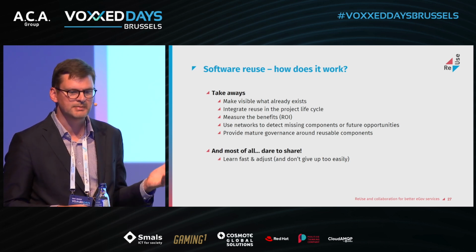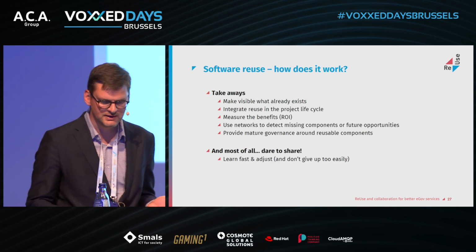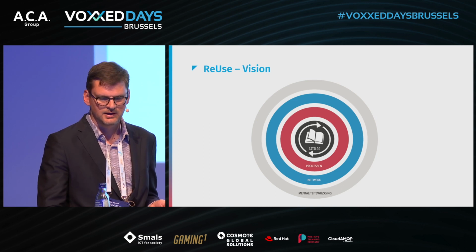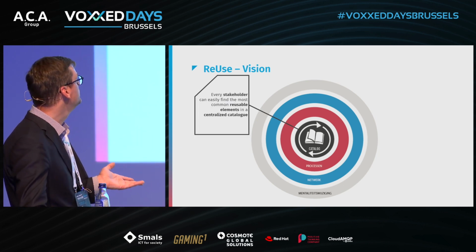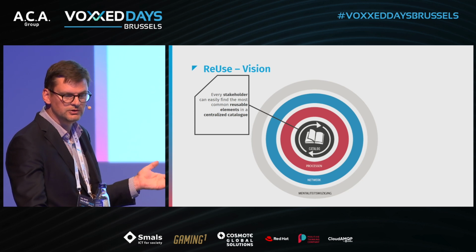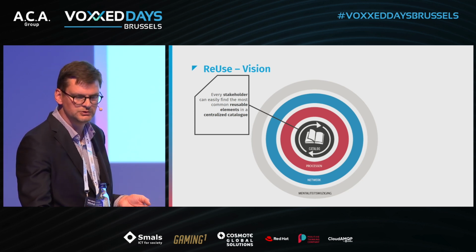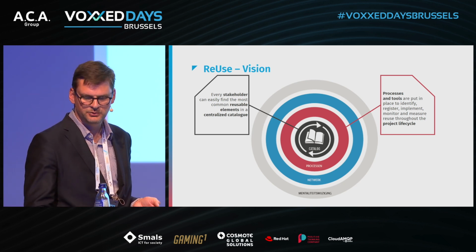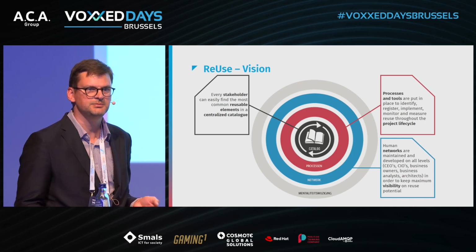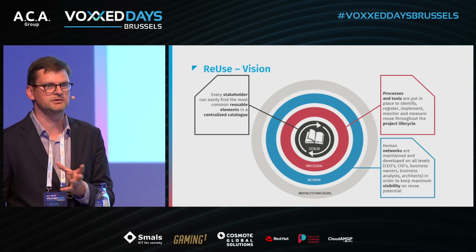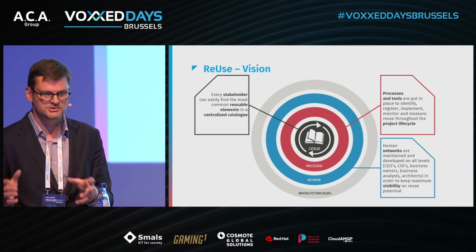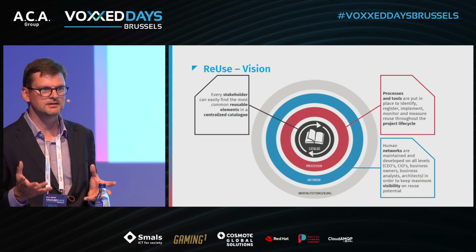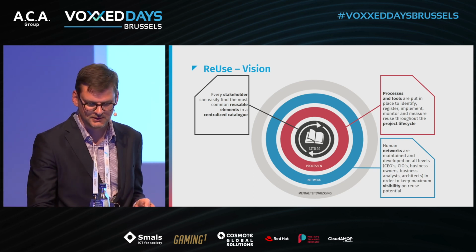At Smals, we try to measure also the benefits, use the networks, and build some governance around it. And so the vision that we put forward is that every stakeholder should be able to find the reusable elements in the catalog. We try to integrate it in the project lifecycle. The network aspect is important. For example, the IT directors see each other on a monthly basis, but also the CEOs of the public institutions see it as a strategically important element.